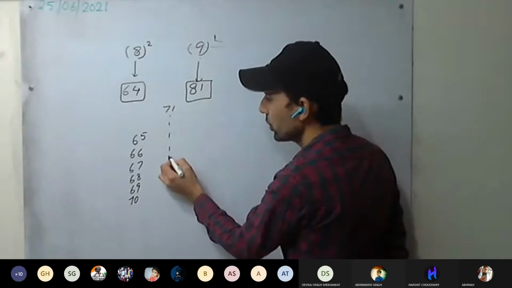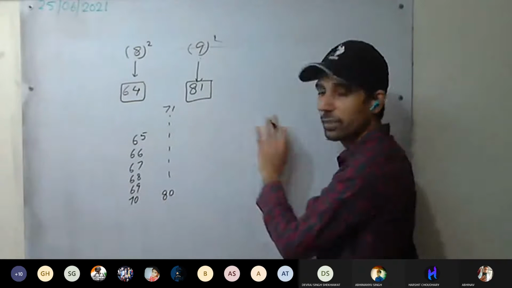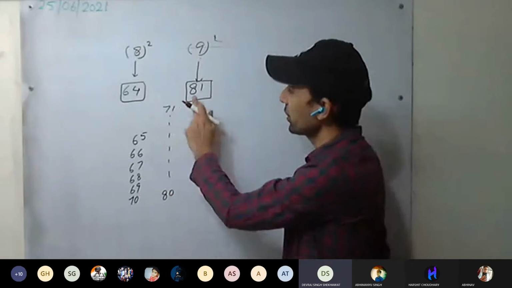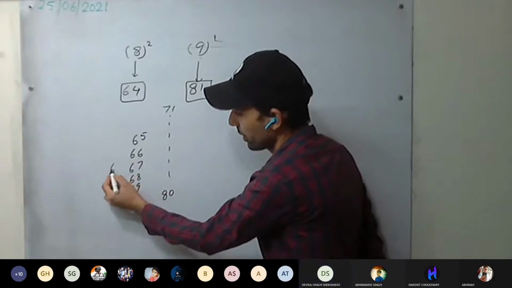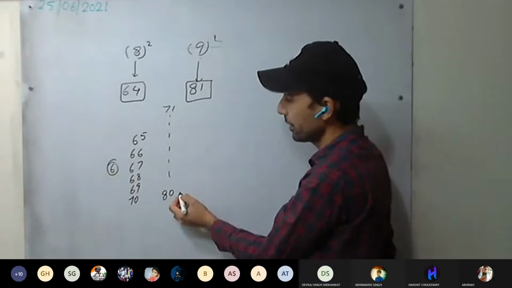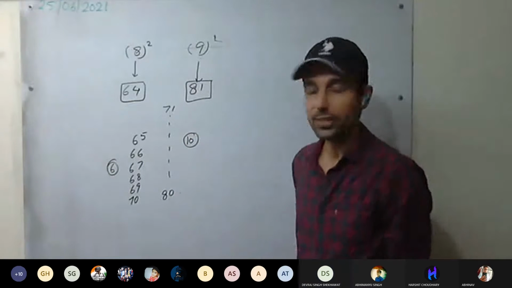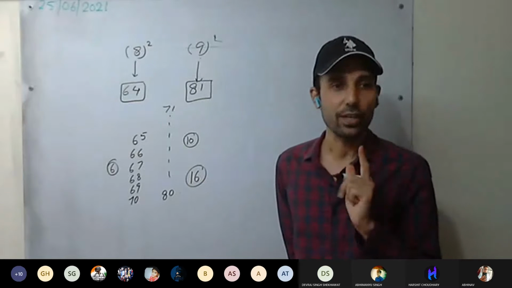Then 71 to 80. 81 we don't include. How many are there? 1, 2, 3, 4, 5, 6 here. How many here? 10. How many have we got? 16. This is one way.